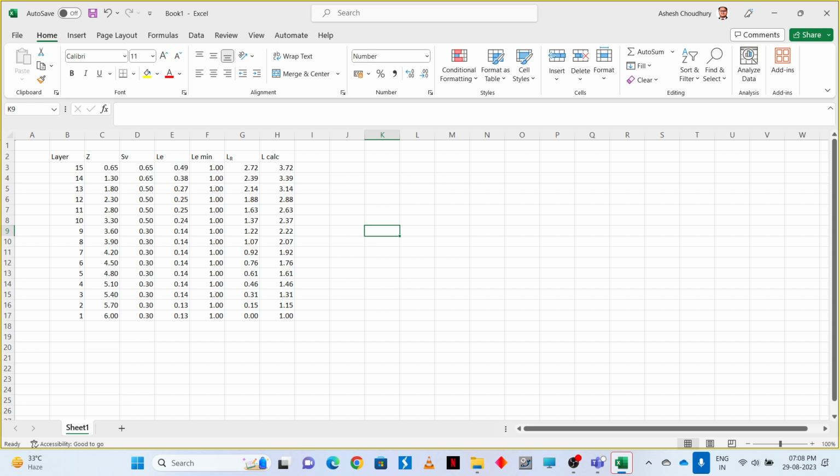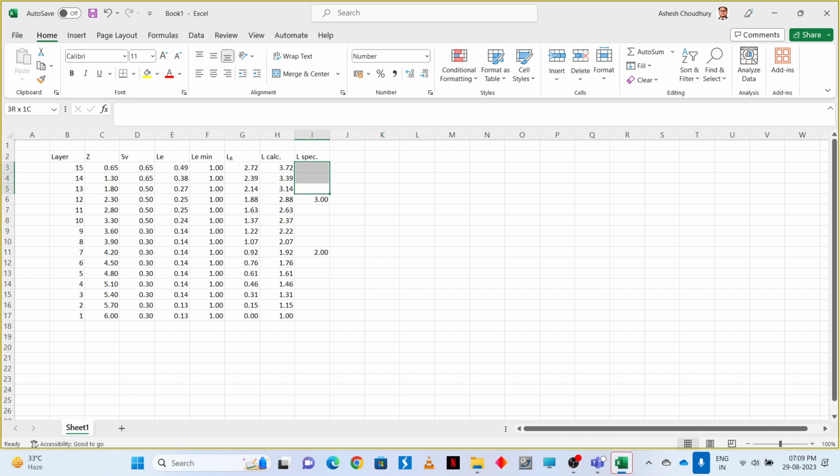So here, for lower layers, from layer 1 to 7, we can provide 2 meters specified. And for layers 8 to 12, we can provide 3 meters.